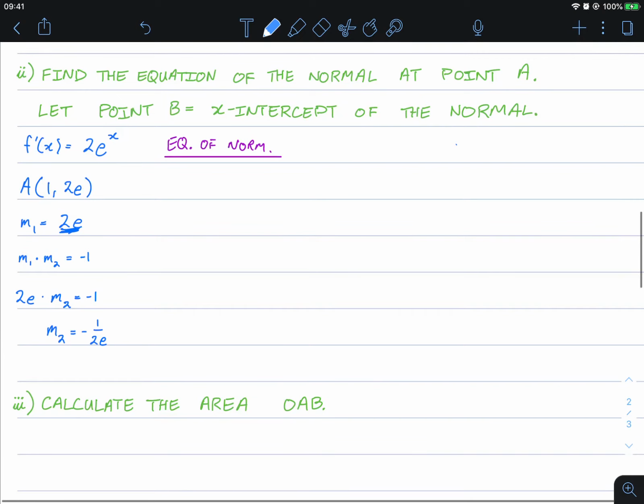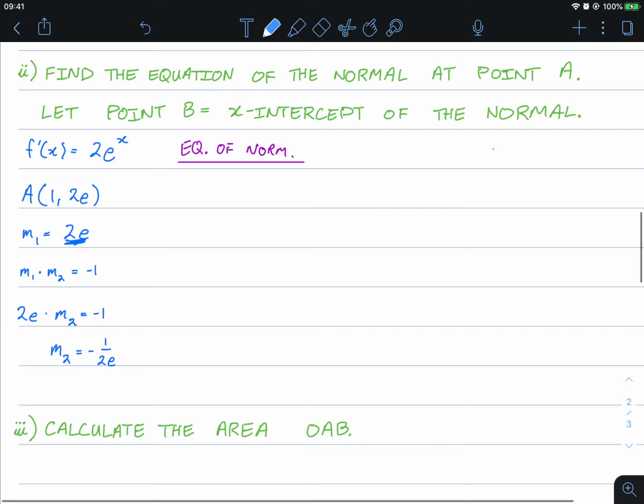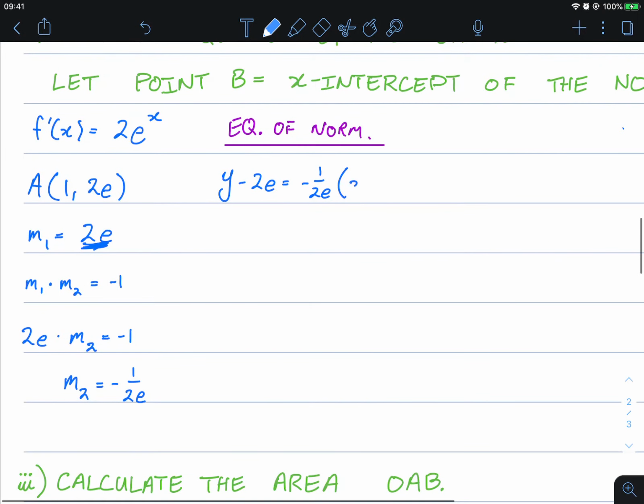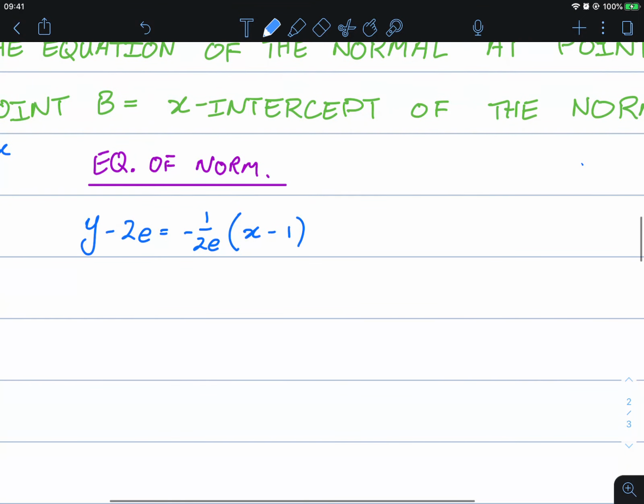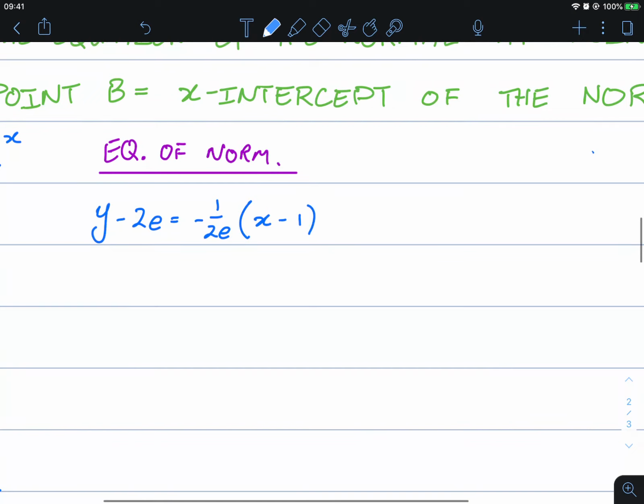Substituting all of the points, we have the point and we have the gradient. We can now use the point gradient formula. So y minus y1, which is y minus 2e, equals the gradient, negative 1 on 2e, times x minus 1. For this, I'm going to multiply by 2e on both sides. So this will give me 2ey minus 4e squared.